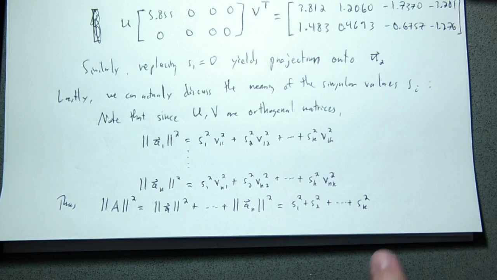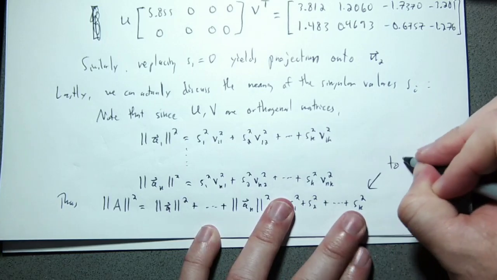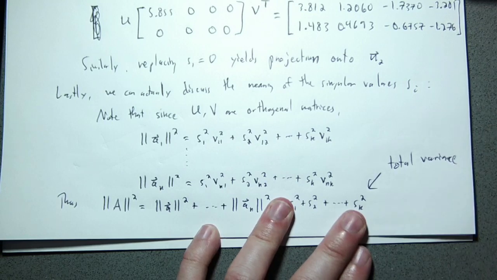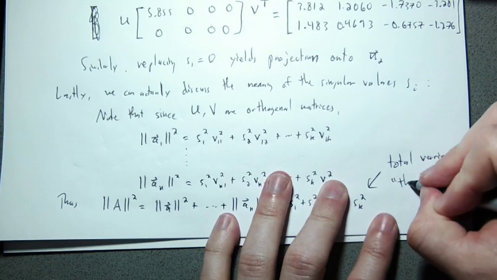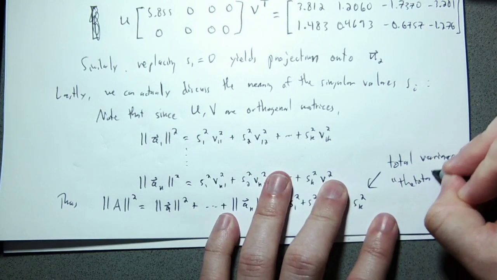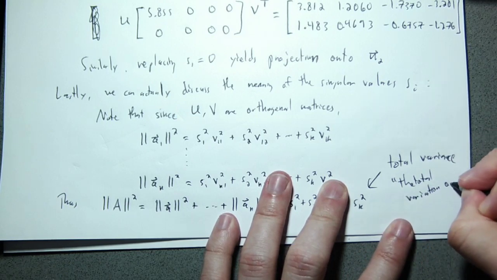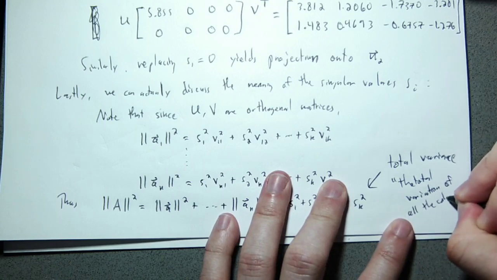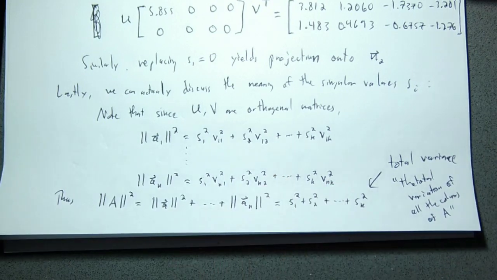But we had a name for that: this was the total variance, the total variation of all the columns of A.